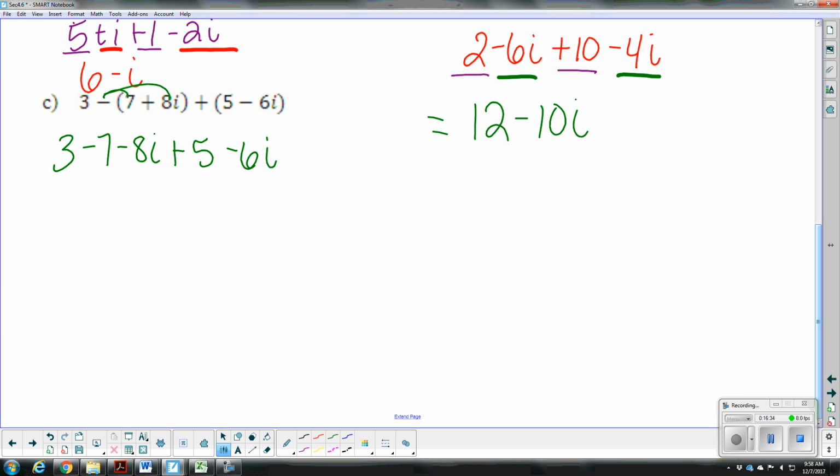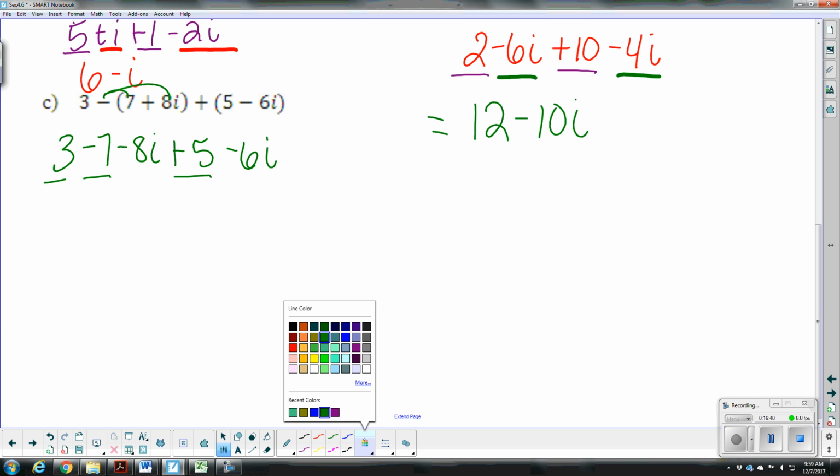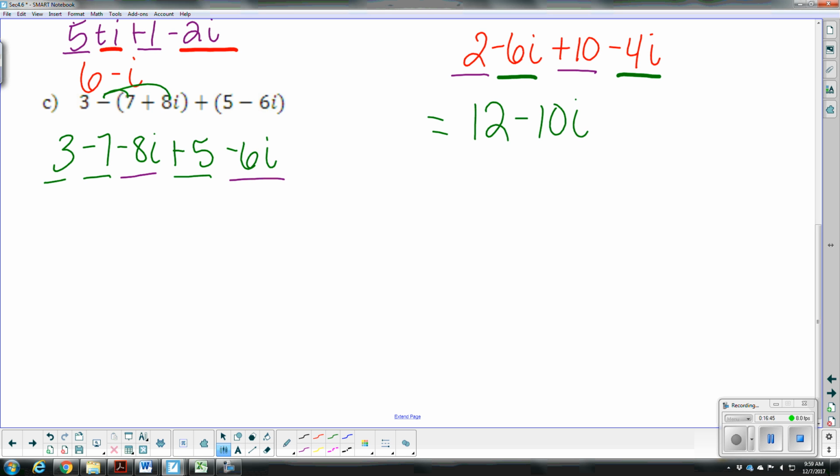So we can combine our like terms, 3, negative 7, positive 5. And then our i terms, negative 8 and negative 6. So 3 minus 7 is negative 4, plus 5 is 1. And then negative 8 minus 6 is negative 14. So the last one, our answer is 1 minus 14i.